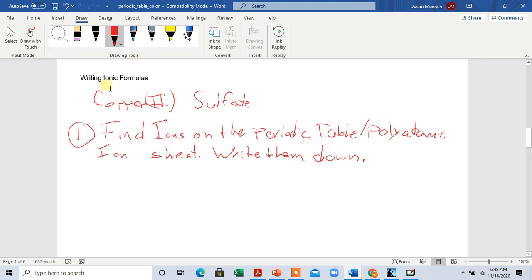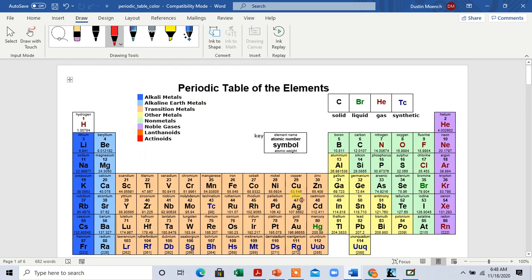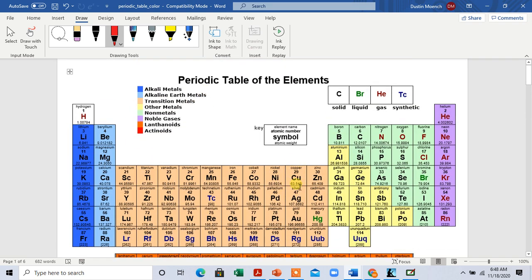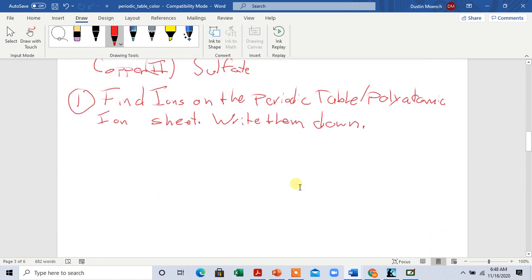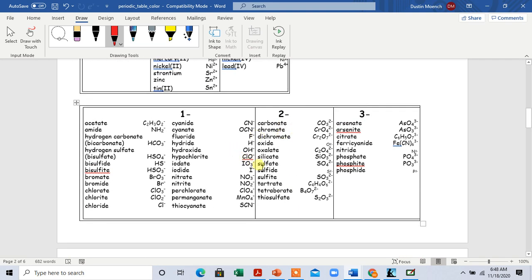So I'm going to find copper on the periodic table right here, Cu, and I'm going to find sulfate on the polyatomic ion sheet, SO4.